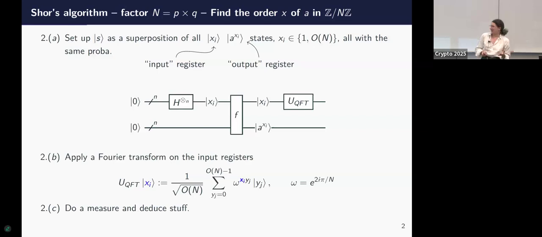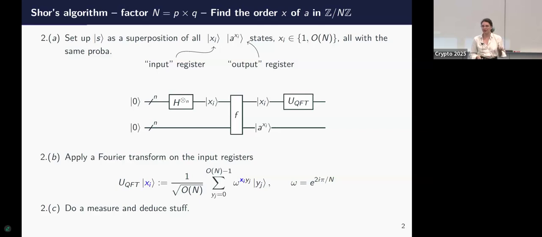If this is your first time seeing a description of Shor's algorithm, maybe things are a little bit unclear at this point. Why does this work? Basically, roughly speaking, one of the things the Fourier transform allows is to exhibit the periodicity in a sequence of numbers. In the output part of our register, we have a sequence of numbers of the form a^x, with x going from 1 to an order of magnitude of big N. This sequence is periodic, and its period is the multiplicative order of a that we are looking for, by design.